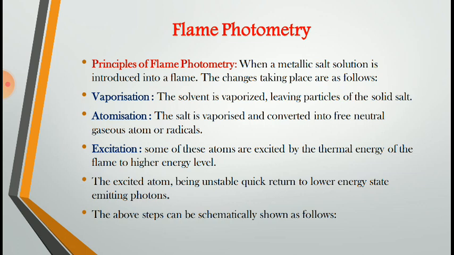When it releases the energy in the form of photons, it comes back into the ground state. The excited atom, being unstable, quickly returns to the lower energy state, emitting photons. That means when the atom goes into the excited state, it is not stable, it becomes unstable.